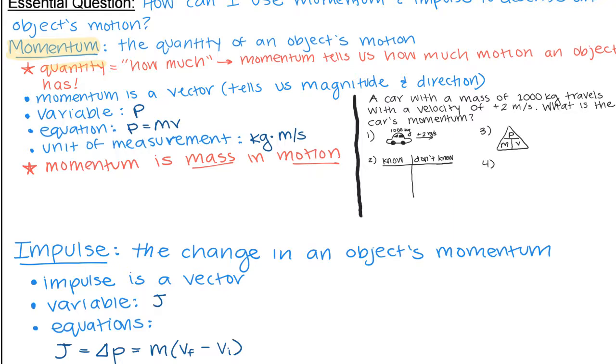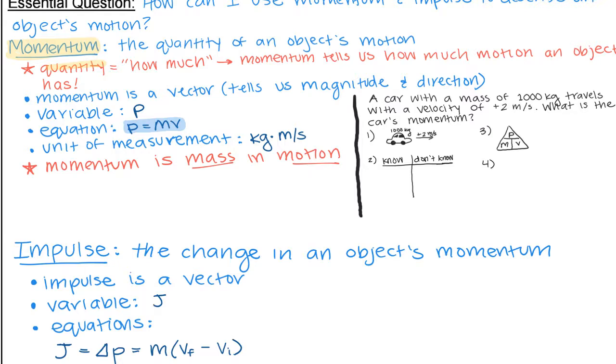The variable that we use for momentum is a lowercase p. Again, I don't really know why. I'm assuming it's because lowercase m was already taken by mass. So your new equation for momentum is p equals mv.